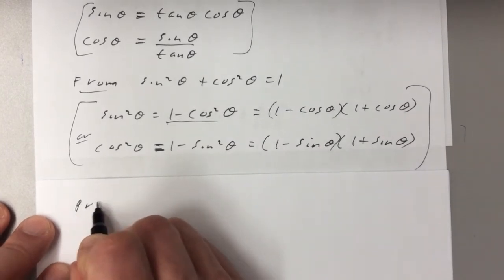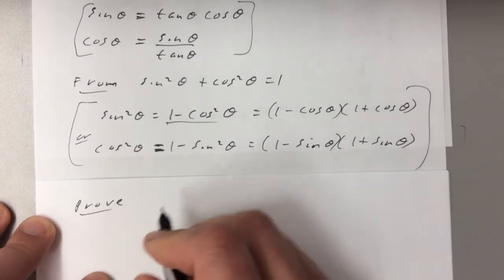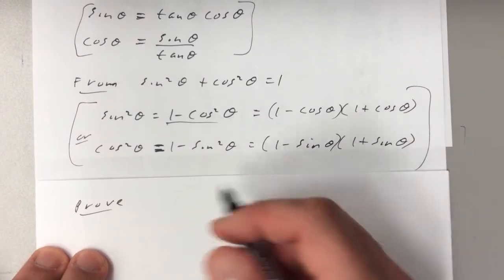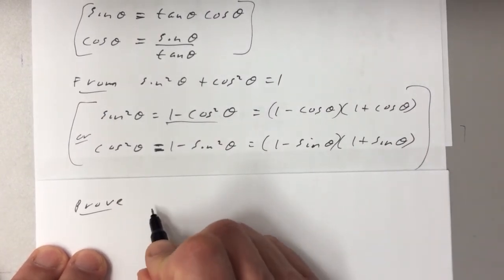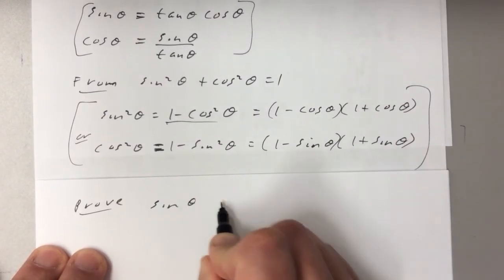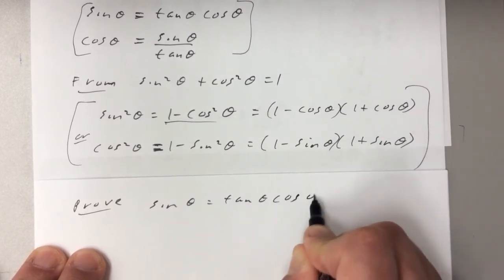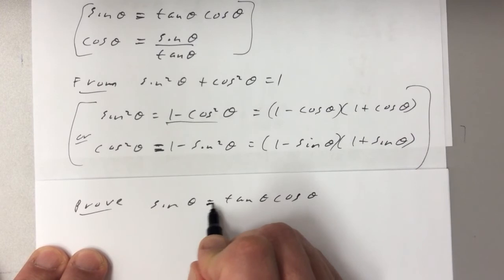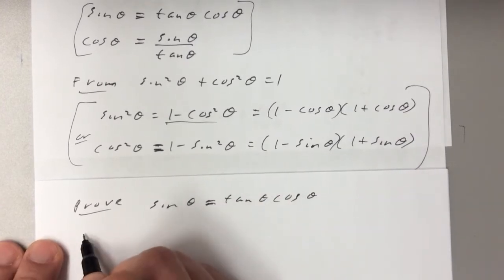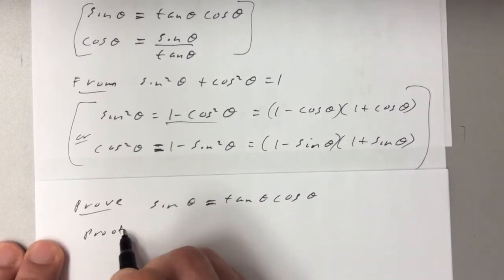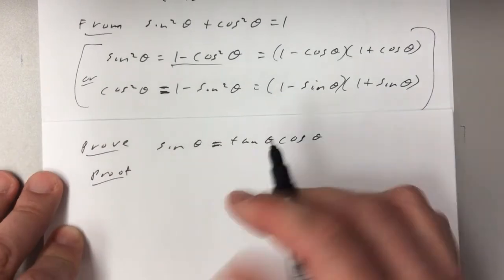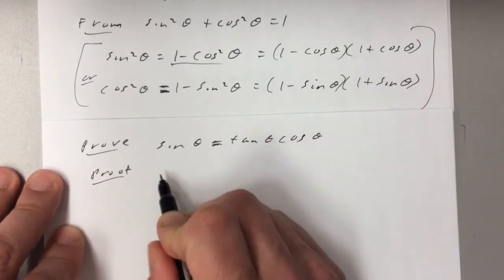So if I said prove, let's say, sine theta equals tan theta cos theta. So prove that, then this would be the proof. I'm going to start from the right side because it's more complicated.